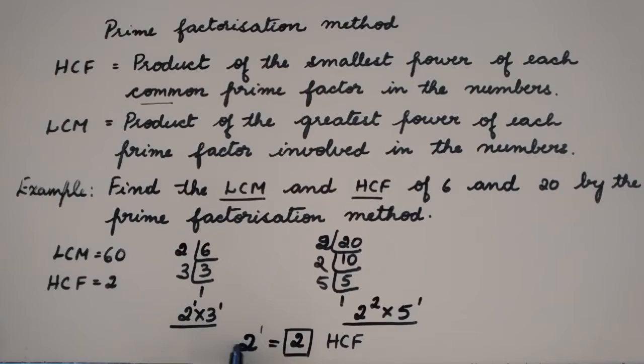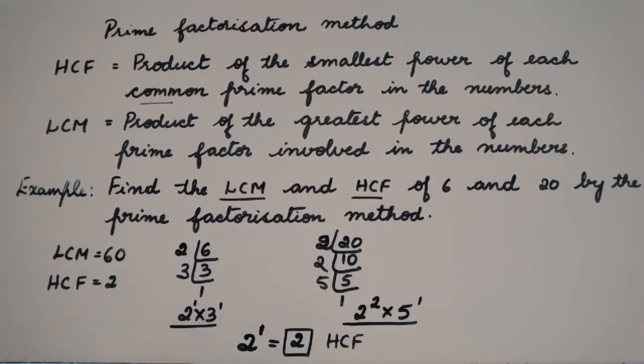So you have to multiply 2 into 3, that is 2 to the power 1 into 3 to the power 1, which will be equal to 6, isn't it? So here we find only one common factor, so we need to write its smallest power and find its HCF. Did you get this, students? So 2 is the HCF of 6 and 20.